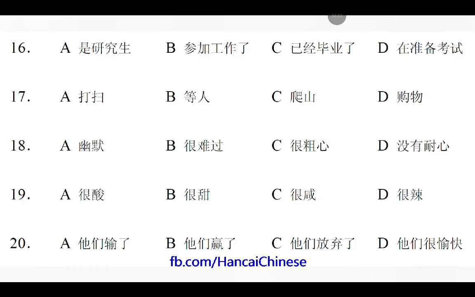In the audio, the boy says 我实在爬不动了. 爬 means climb the mountain. 爬不动 means I can't climb anymore.